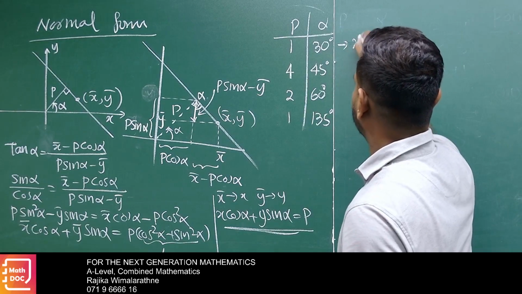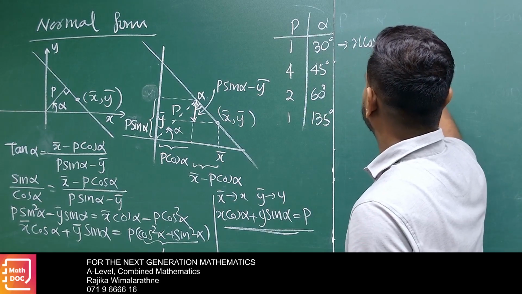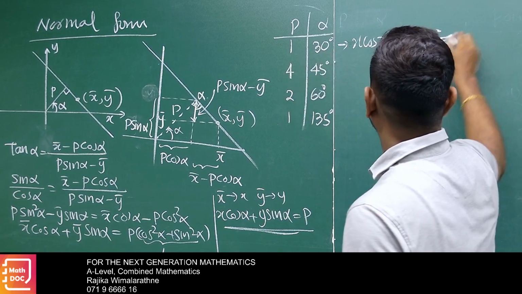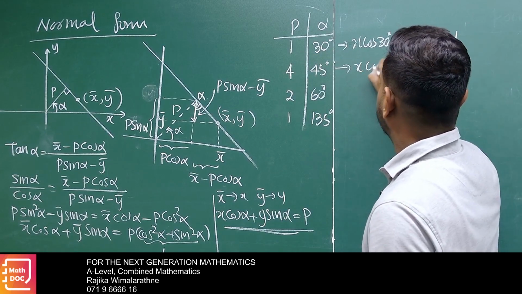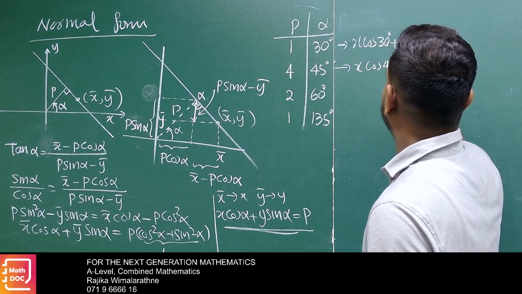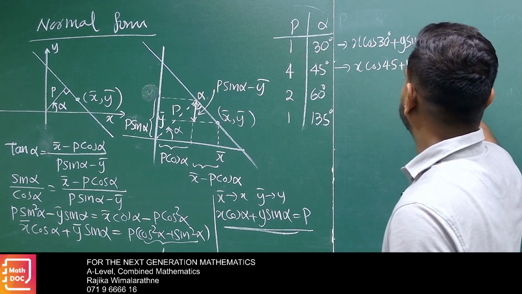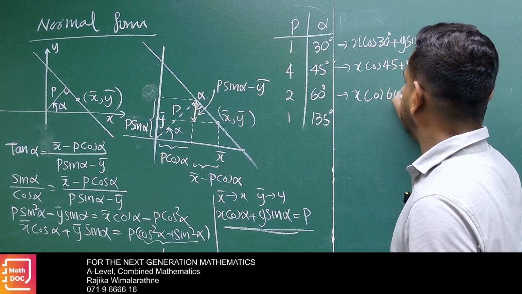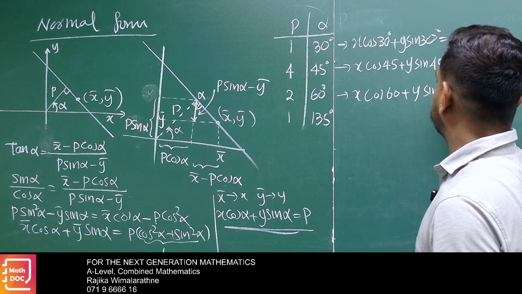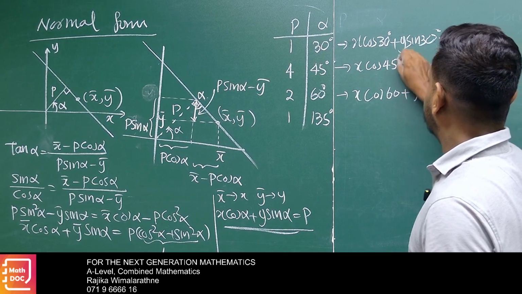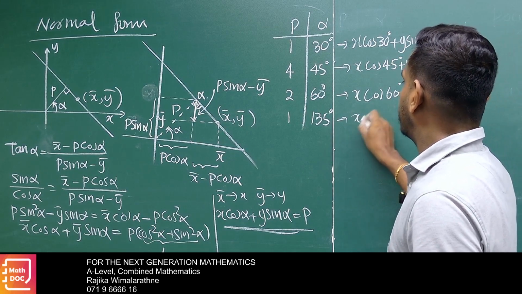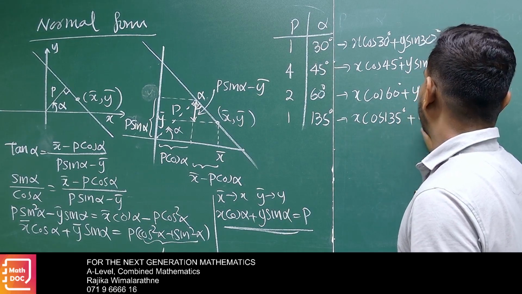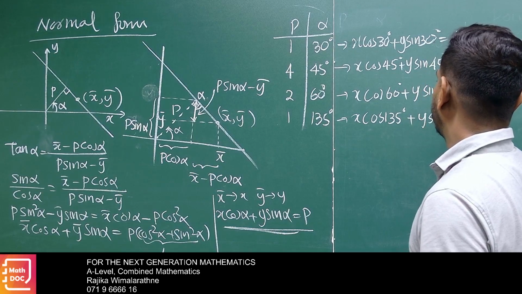Then write x cos 30 plus y sin 30 equals 1. x cos 45 plus y sin 45 equals 4. x cos 60 plus y sin 60 equals 2. x cos 135 plus y sin 135 equals 1.